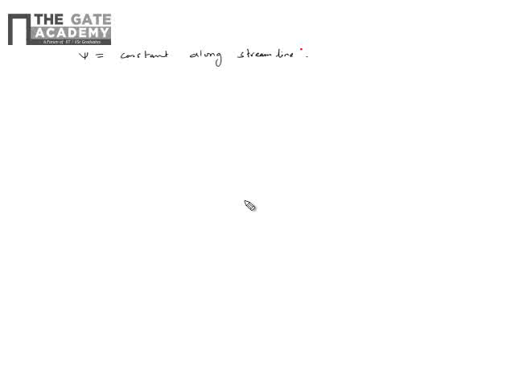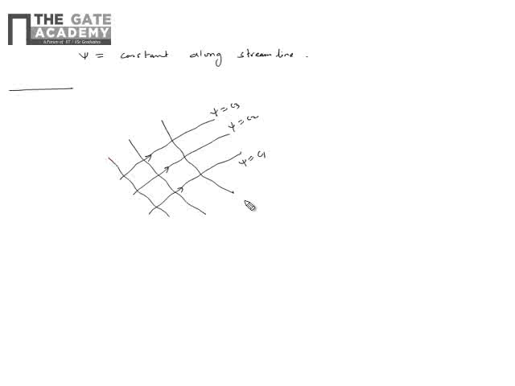Okay, so now these are the two functions. Let's say psi is equal to c1, psi is equal to c2, psi is equal to c3, and the flow is taking place in this direction. The curves of velocity potential will be perpendicular to this, in the decreasing direction. Let's say phi 1, phi 2 and phi 3, where phi 1 is greater than phi 2 is greater than phi 3.